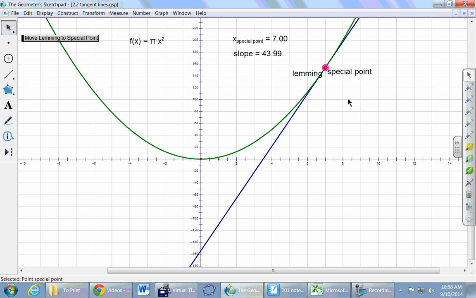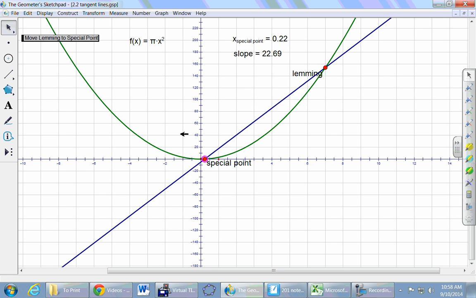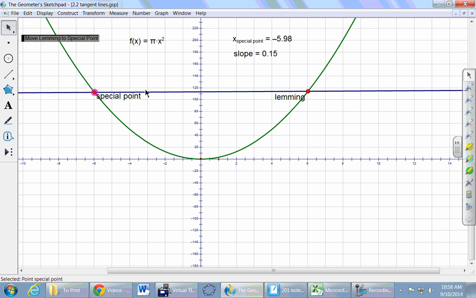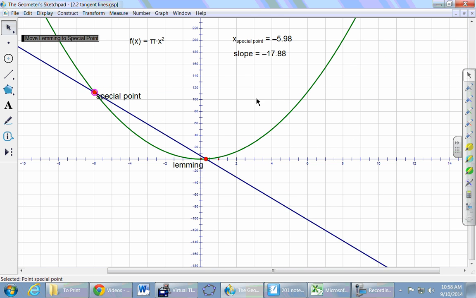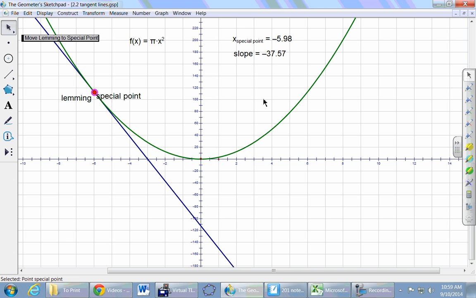That's the slope of that tangent line. That's the derivative at that point. So every point has a slope. What could you guys say about maybe the slope of the tangent line here? What kind of a slope is it going to be? Negative, right? It's going to be going down this way. So we can move, and we'll get some negative number when the secant line eventually becomes the tangent line. So about negative 37 and change there, right?